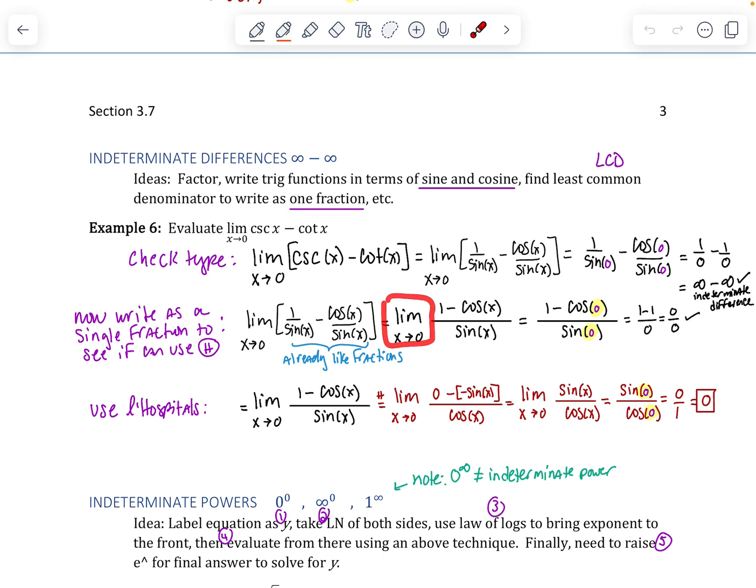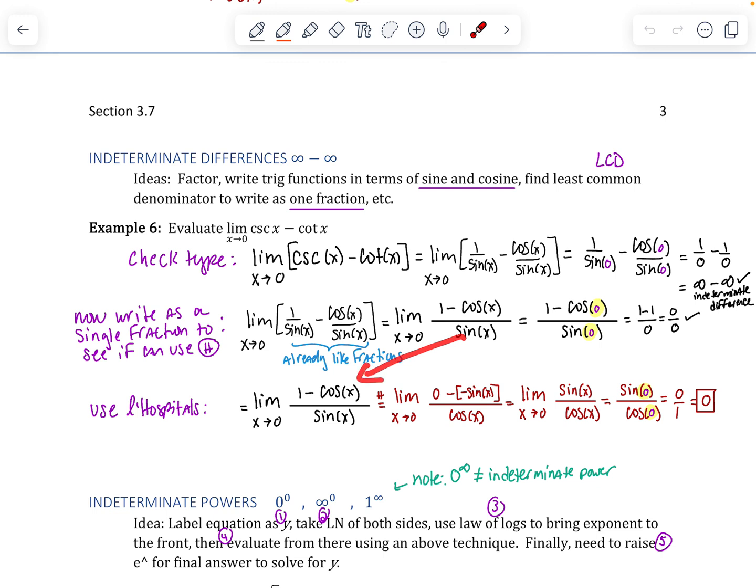I still have the limit, because I was getting it down to a single function of the L'Hopital form that's required. I'm now going to take the 0 and plug it in wherever x is. Cosine of 0 is 1, so I really just have 1 minus 1, which is 0, and sine of 0 is 0. I have indeterminate form. I'm allowed to use L'Hopital's.